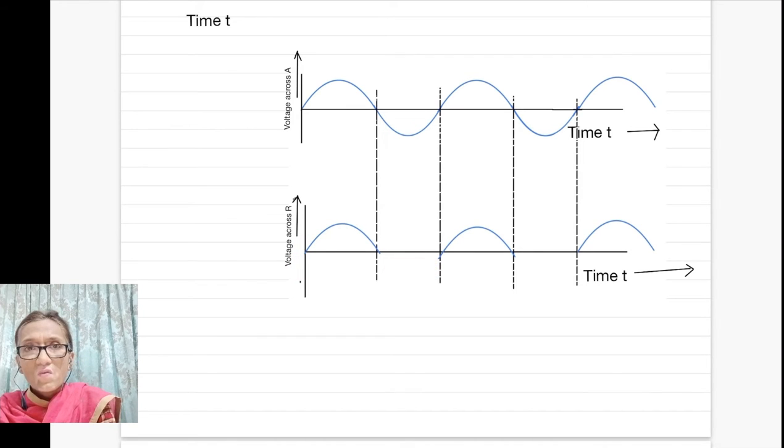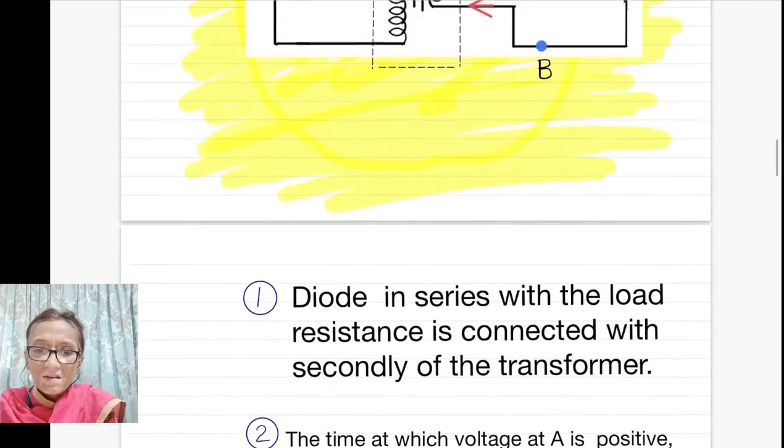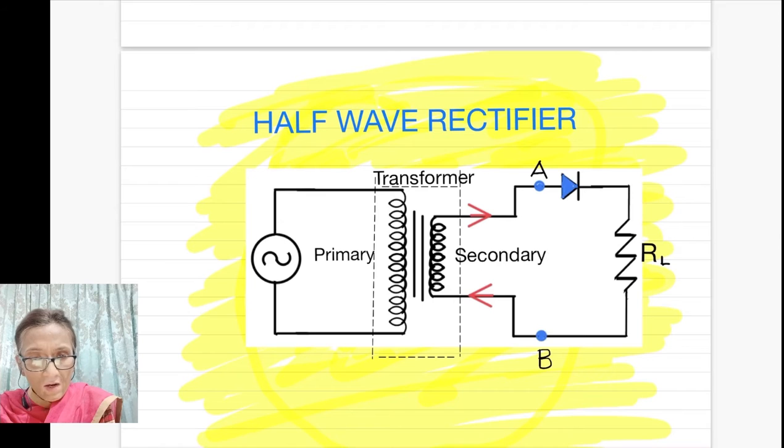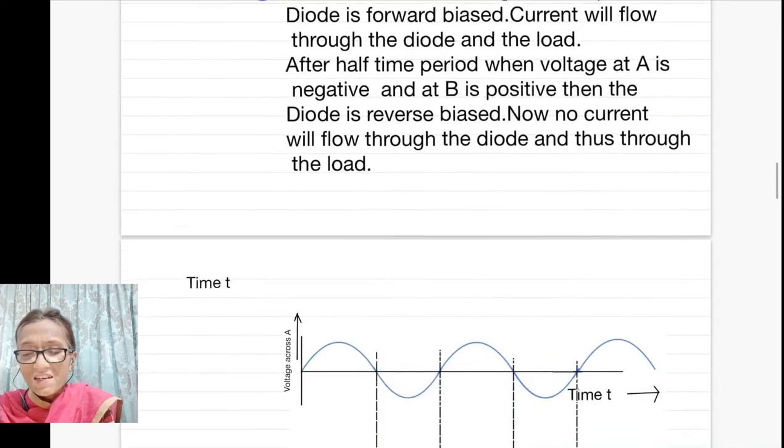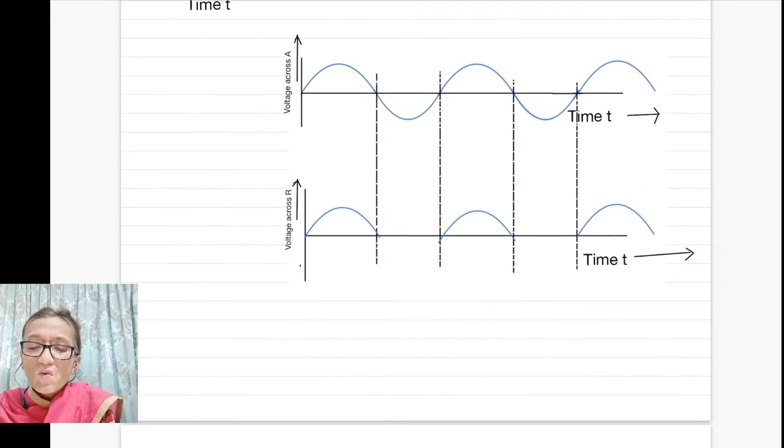Now when the first time period passes, you have the second time period, and in half of the second time period this point is at positive potential. This diode will allow the current through it, and therefore you have current and voltage across the load also.